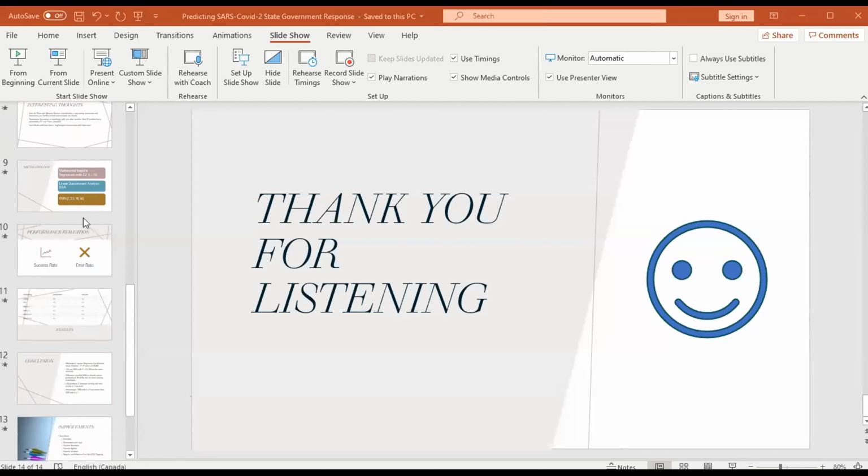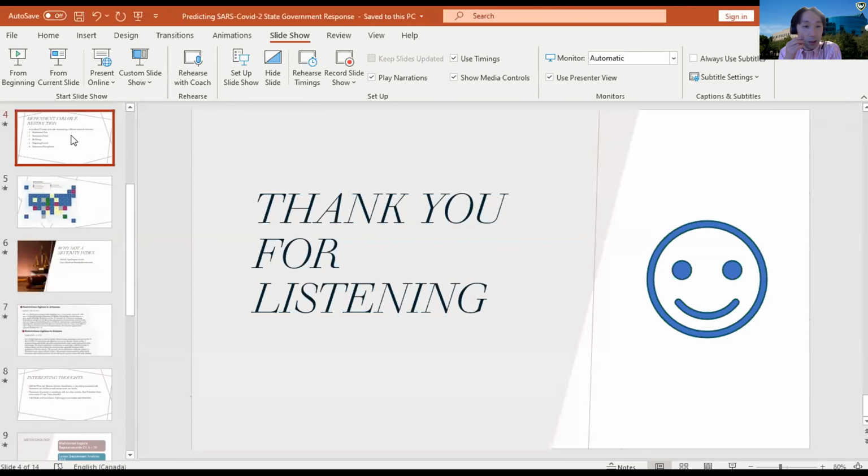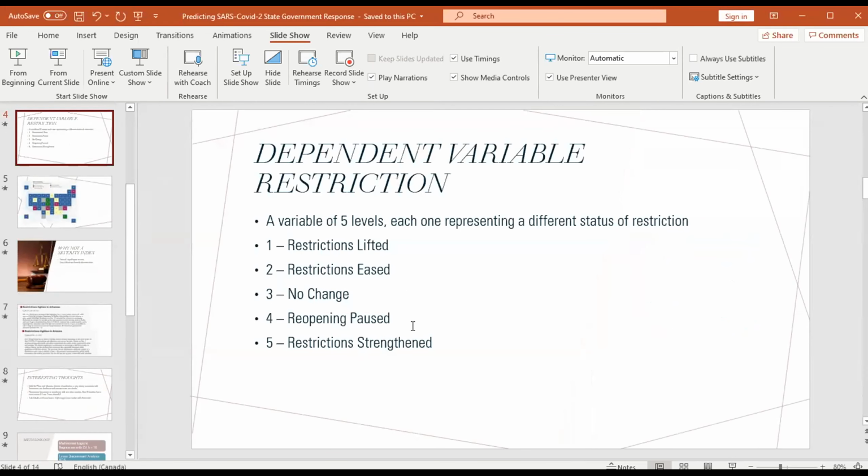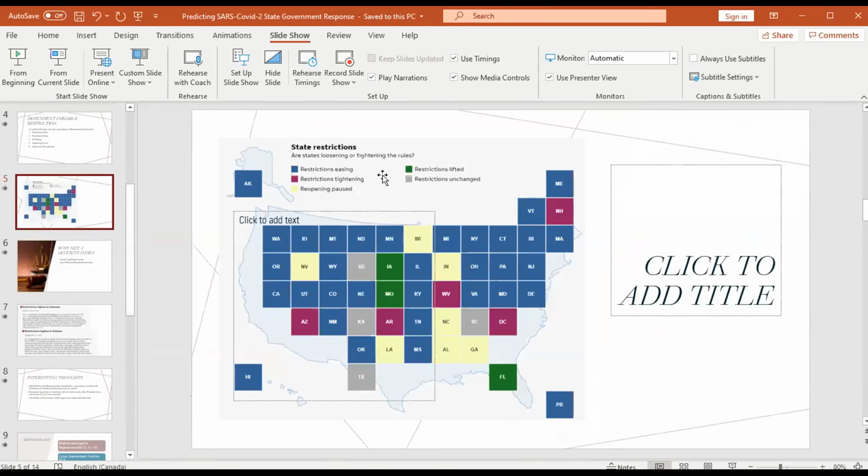Originally it would have been more, but I decided to just focus on whether it's lifted, eased, no change, paused, or strengthened. It helps when your data set looks like this, with five different levels or colors. So I decided to do it based on that.